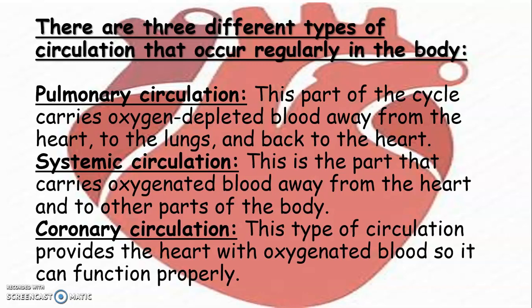Second is the systemic circulation. This is the part that carries oxygenated blood away from the heart and to the other parts of the body. Third is the coronary circulation. This type of circulation provides the heart with oxygenated blood so it can function properly.